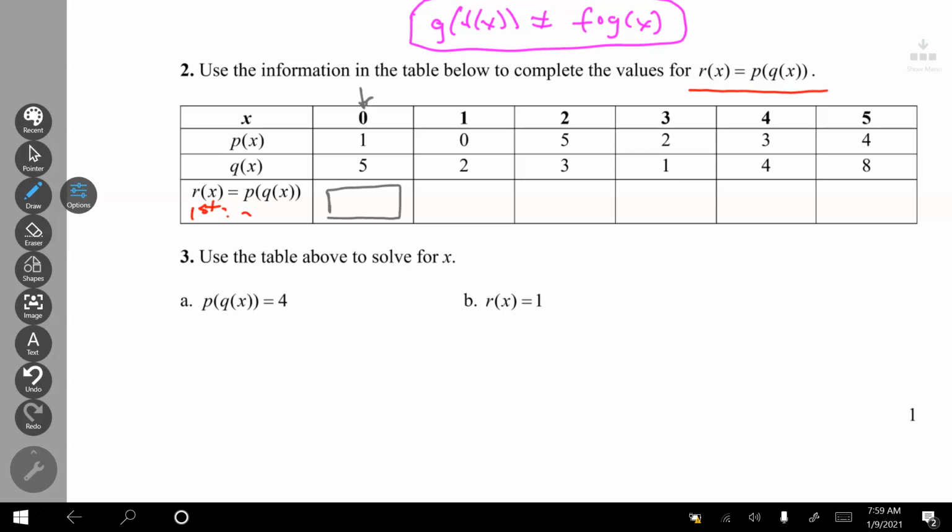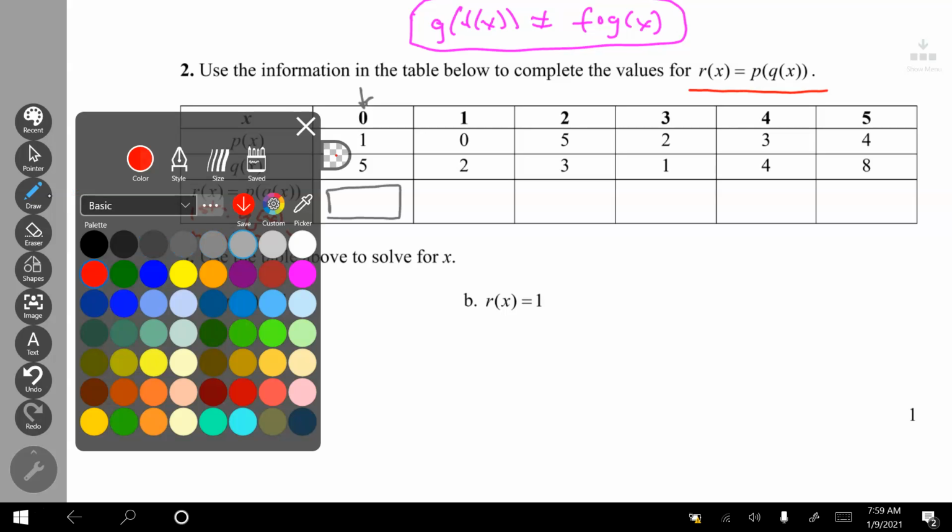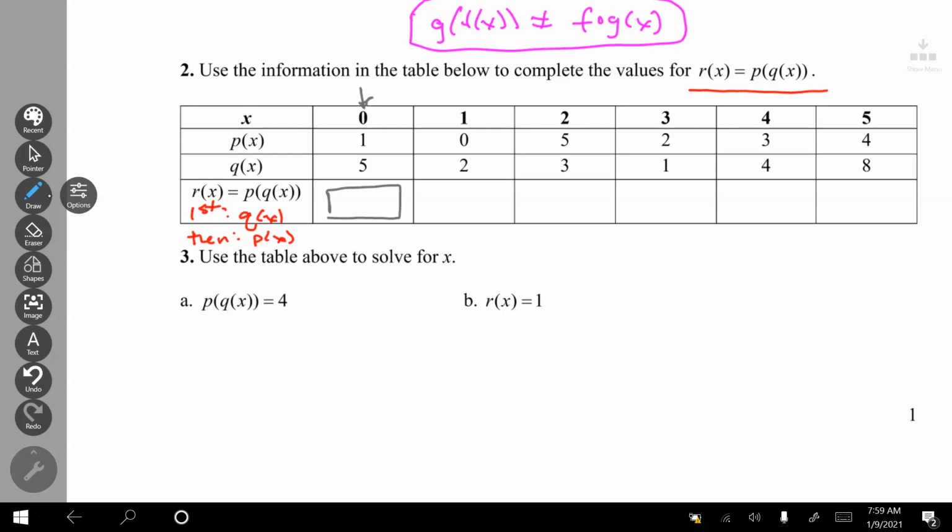First, I do q of x, and then I do p of x. So going back to what I want to do, it says when I start at 0, I have to go to q of x, and I get a result of 5. Now 5 becomes my new input, because the first result becomes the input for the second function.